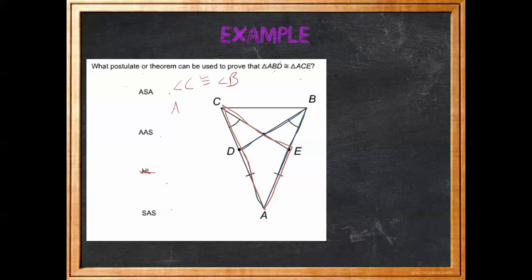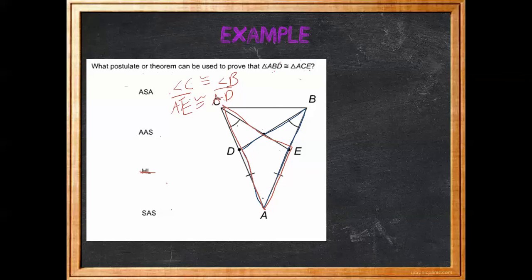So segment AE is congruent to side AD. So we have an angle and a side.